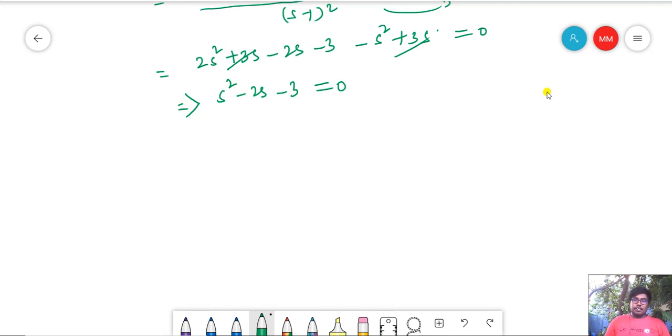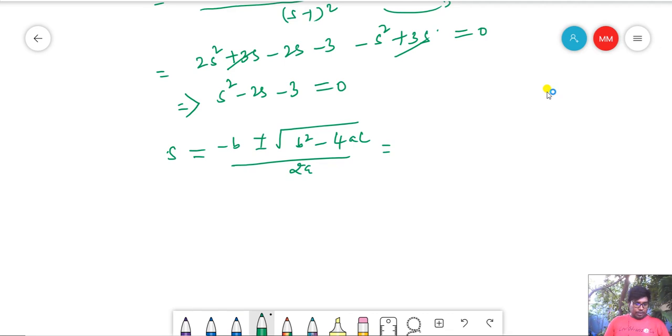Now let us find the roots. I am writing the formula: s is equal to minus b plus or minus square root of b square minus 4ac, divided by 2a. So minus of minus 2 plus or minus the square root of 4 minus 4 into 1 into minus 3, divided by 2 into 1.